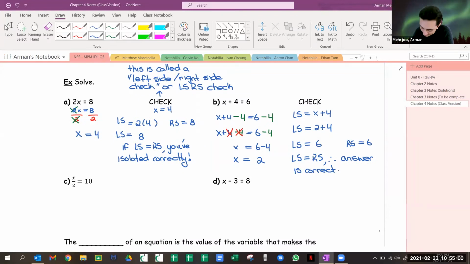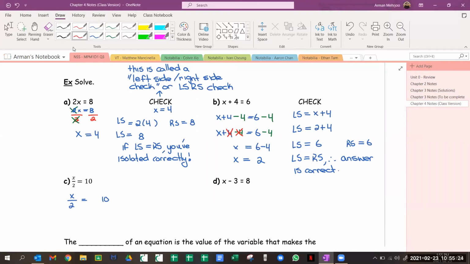Let's look at C. What operation is 2 performing in this case? So again, what's the operation that 2 is performing on this left side? Dividing.